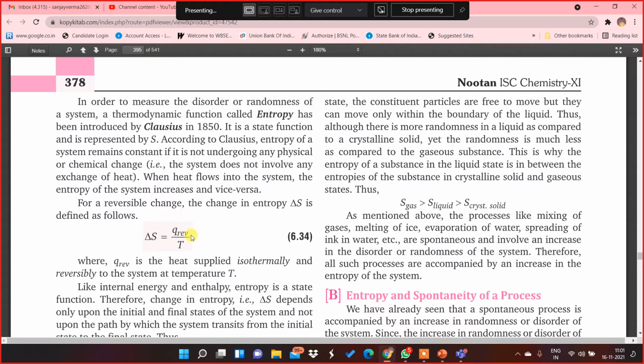So remember this relation: delta S, the entropy change, is equal to Q reversible divided by T, where Q reversible is heat supplied isothermally and reversibly to the system at temperature T. Please try to remember this formula. It will be required after some time. Delta S is equal to Q reversible by T.